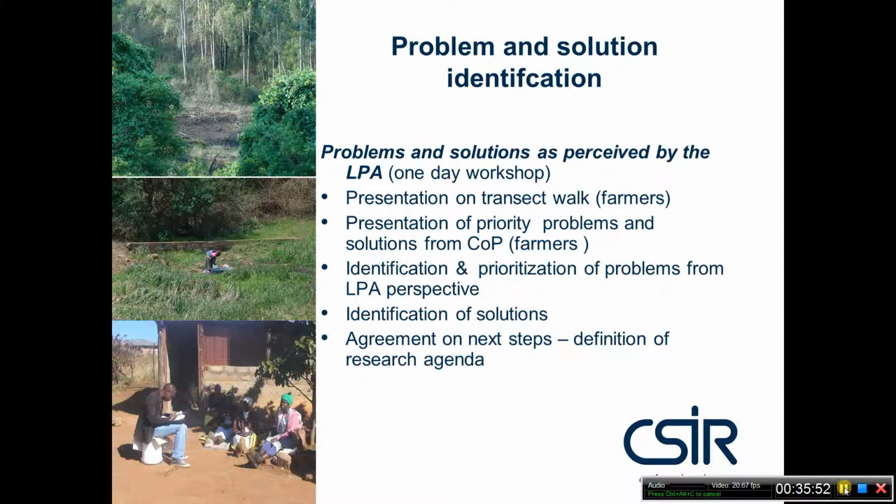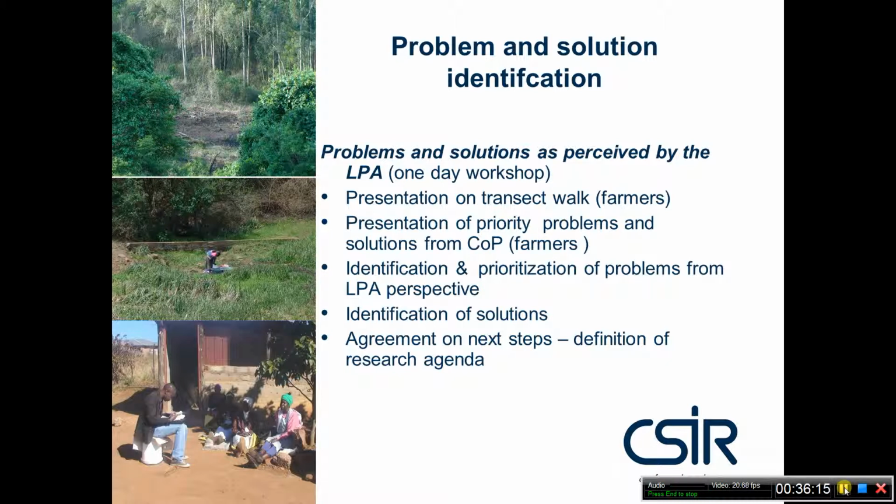The next problem and solution identification meeting was the LPA meeting. In this meeting, the results of the transect work were presented by farmers. This LPA meeting was attended by the broad group of stakeholders operating at district level.